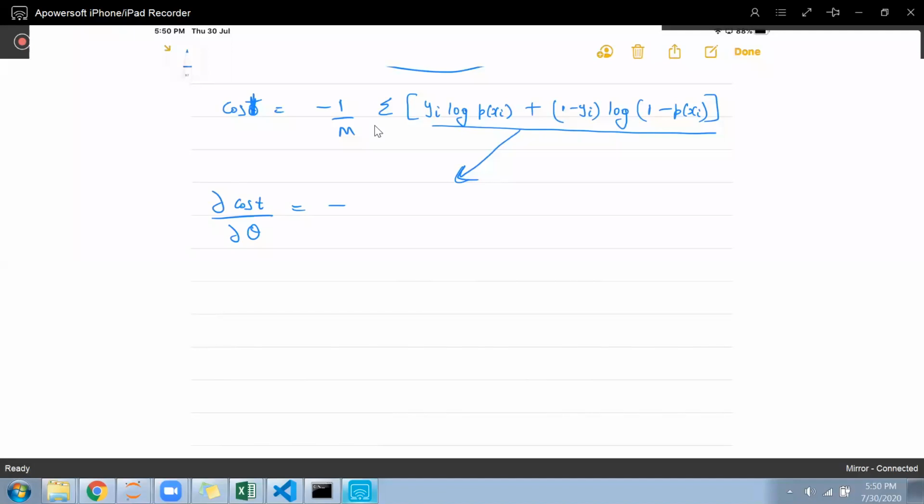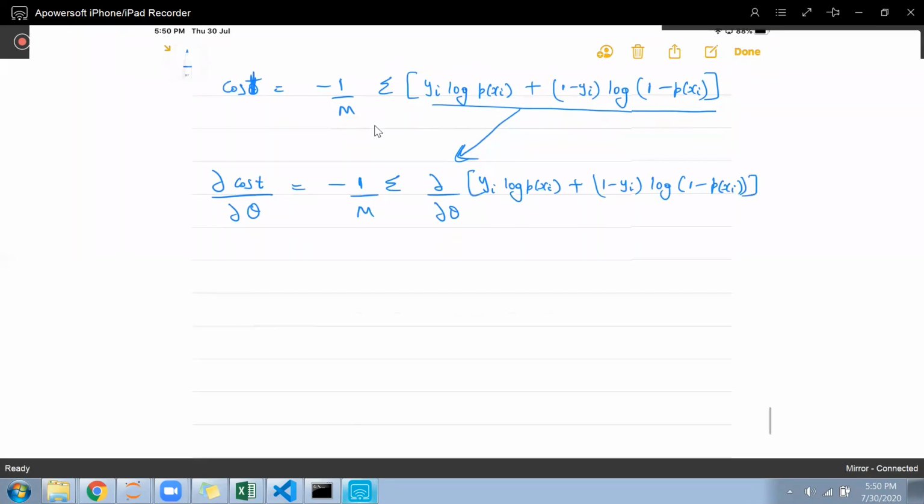So it will be 1 upon m, summation del theta, yi log p of xi plus 1 minus yi log 1 minus p of xi.